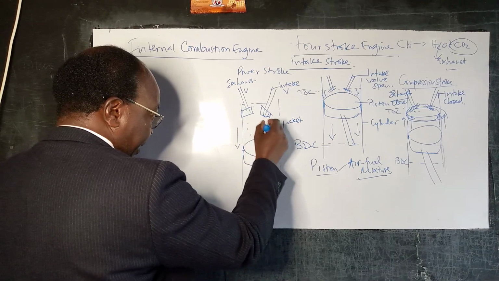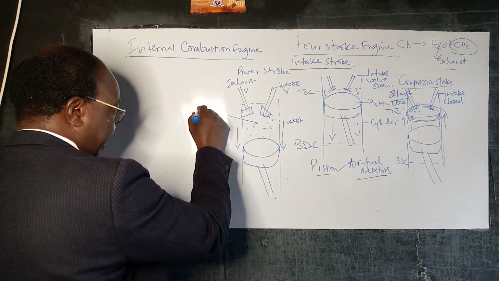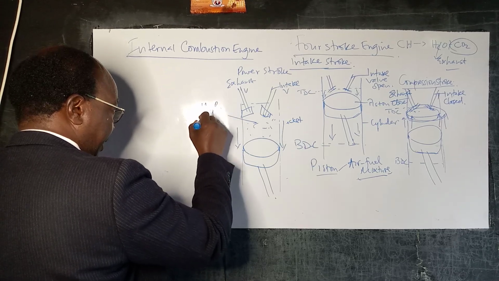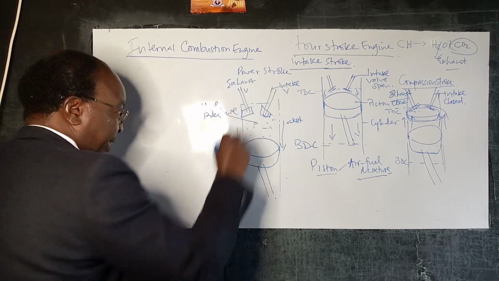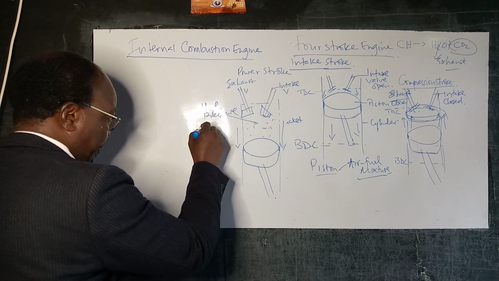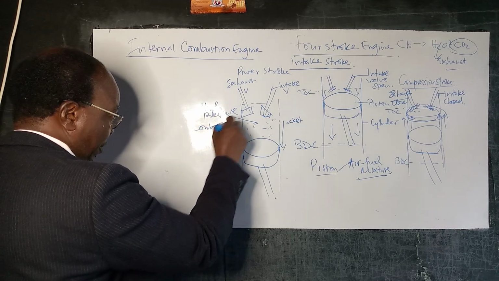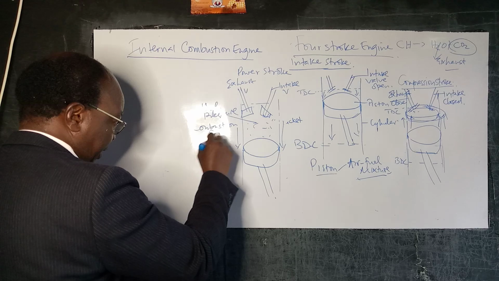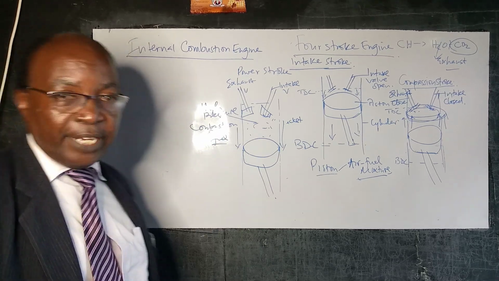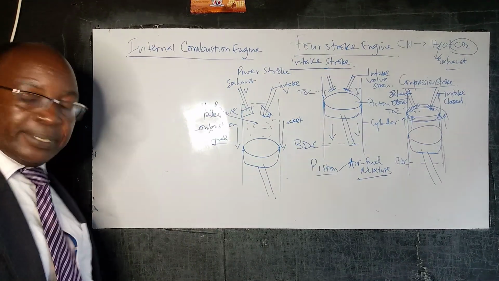So we have a lot of high pressure gases generated by combustion of the fuel. And I repeat, combustion is total oxidation of a substance.